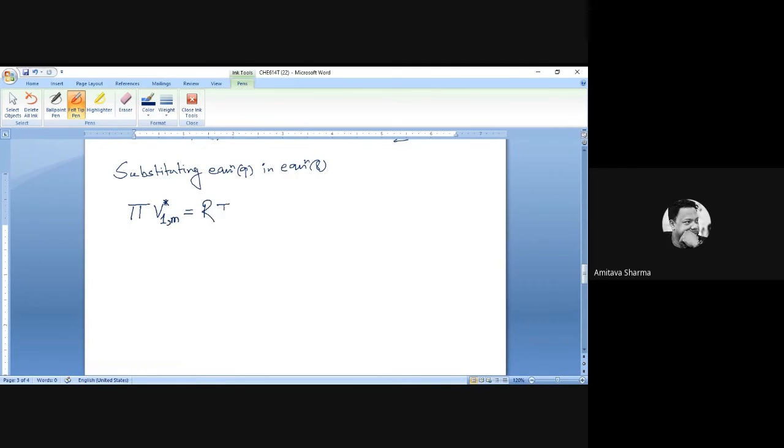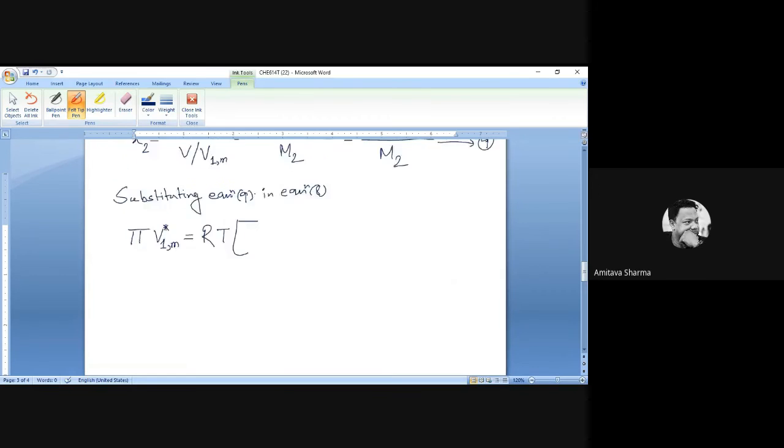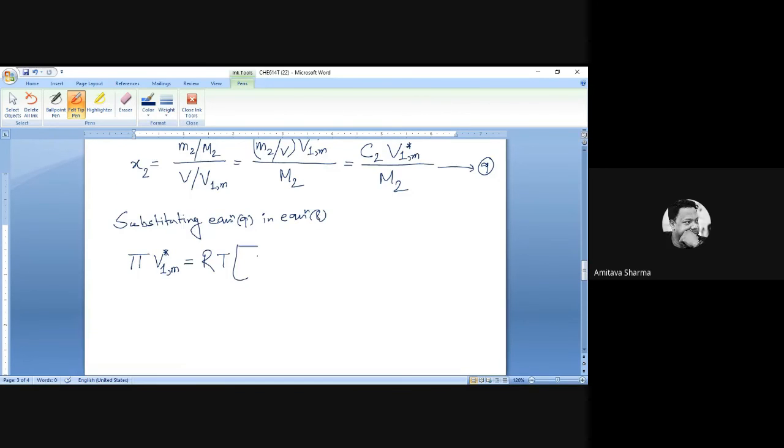Now RT, and in place of x2 I am going to write this: C2 V1m M star by M2, plus half B prime, that is C2 by V1 into M star by M2, the whole squared.